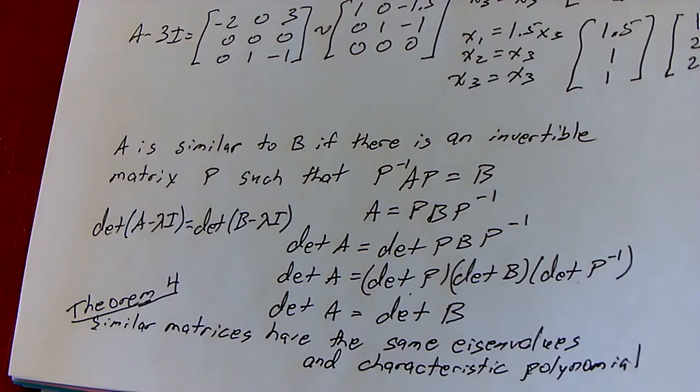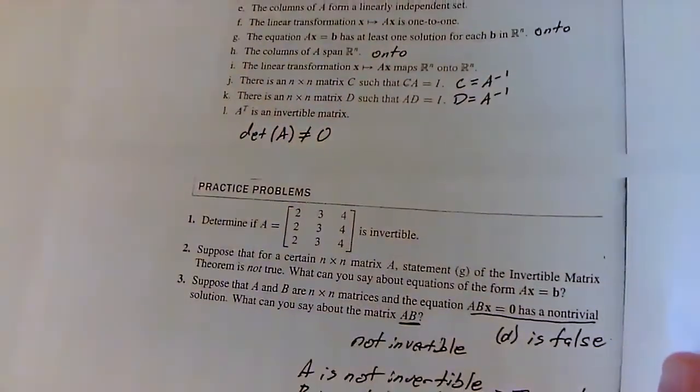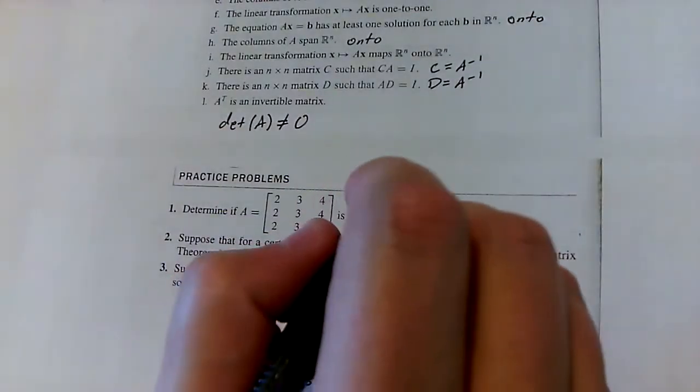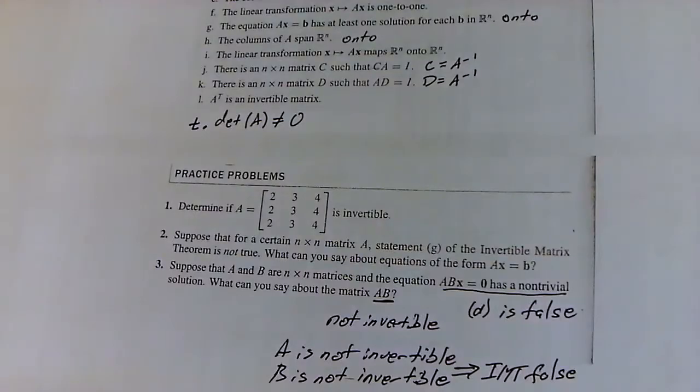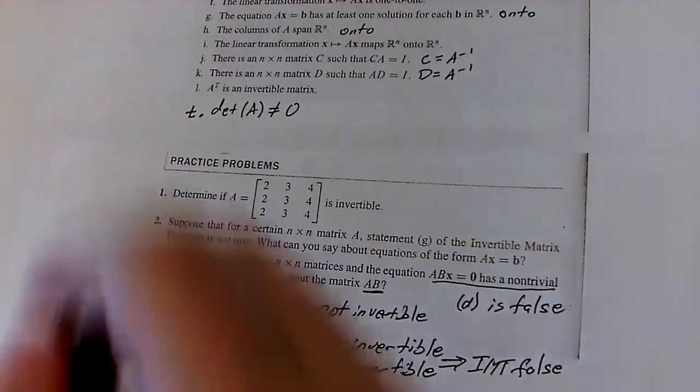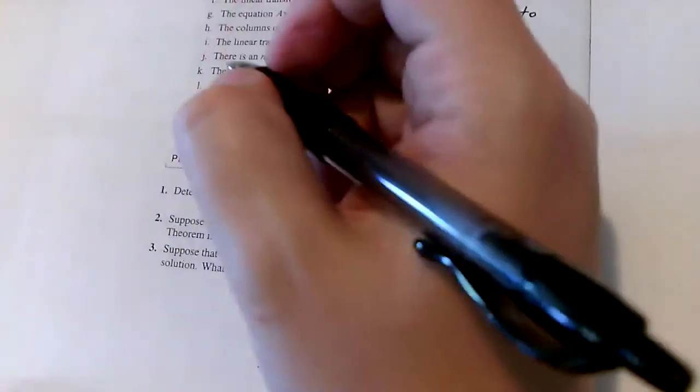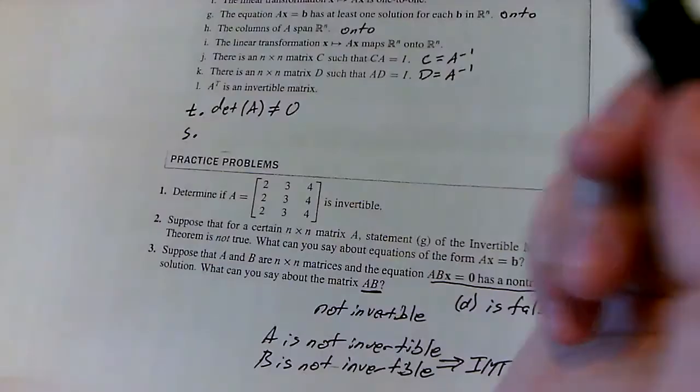Okay, now that we've done this, we have a couple of new properties for our invertible matrix theorem. So remember back to our invertible matrix theorem, we wrote down all these things. We had a few more beyond this. We are now finally going to number this, determinant of A not being 0. That's going to be letter T in our invertible matrix theorem. And we also have another, which is S. I wrote them out of order here.